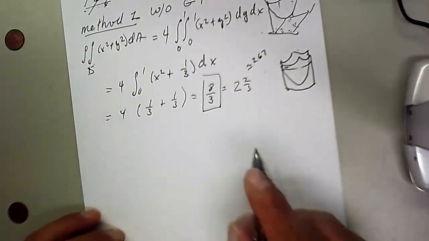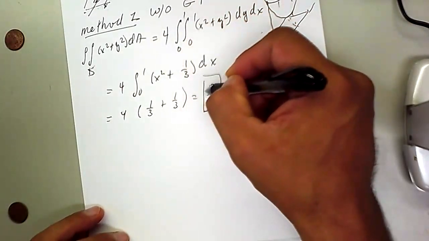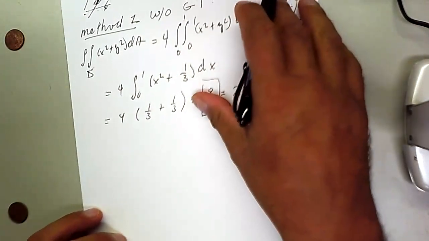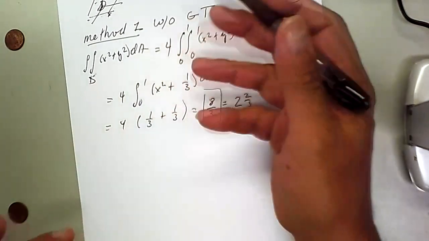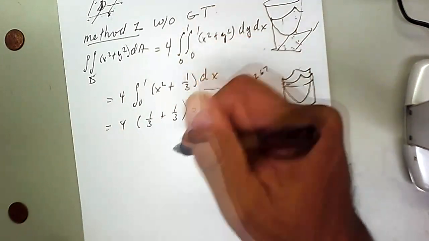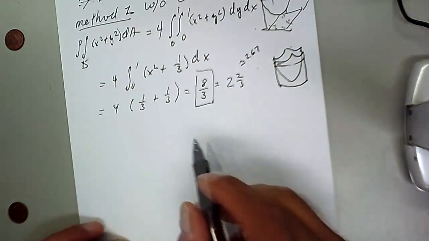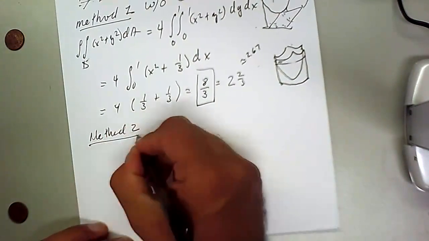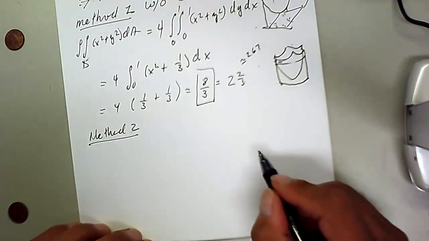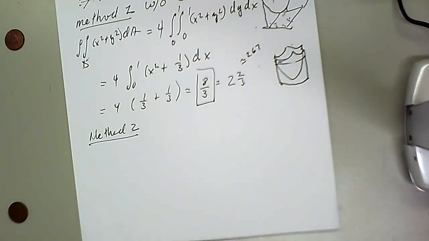Okay, so notice that method 1, which is just the regular double integral, did not involve much drama. It was actually quite straightforward. Method 2. We can come back and double check that we got the right answer.